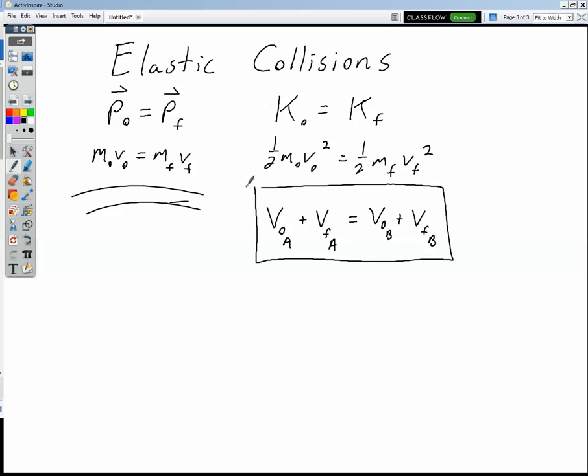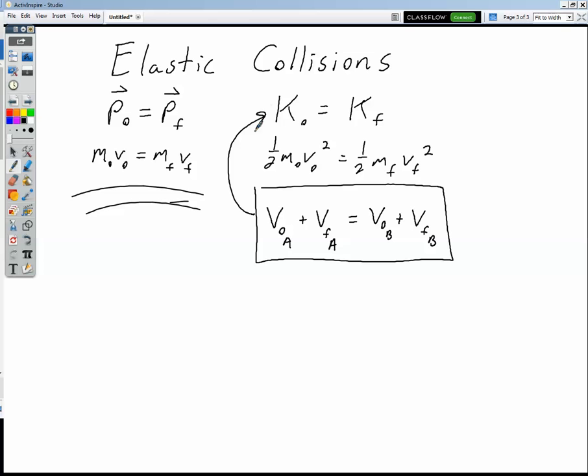And that is a much simpler relation to use than the above, because it doesn't have squareds in it and you don't have to deal with it. So if the collision is elastic, I highly implore you to use that simplified equation to solve for your unknowns. Two equations, two unknowns is what you will usually end up with.